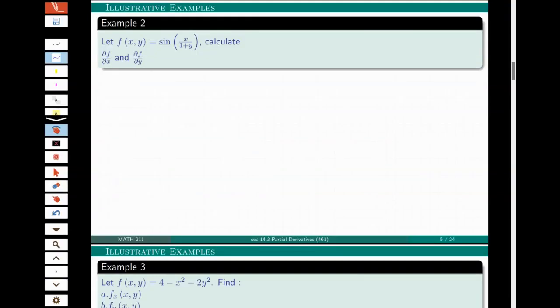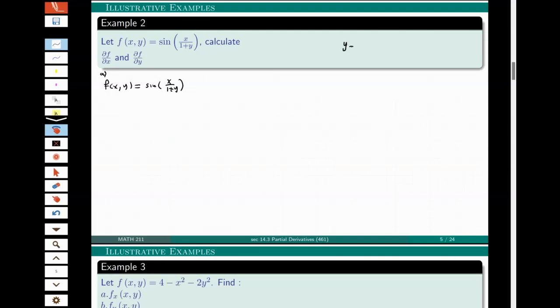Now, here we need to calculate the derivative with respect to x and the derivative with respect to y. Let me say here, a, if we have f of x y equals sine of x over 1 plus y.